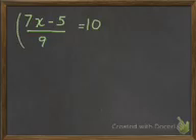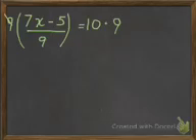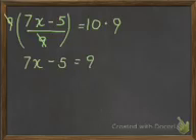First multiply both sides by 9 to get rid of the 9 in the denominator. We have 7x minus 5 is 90. Now add 5 to both sides.